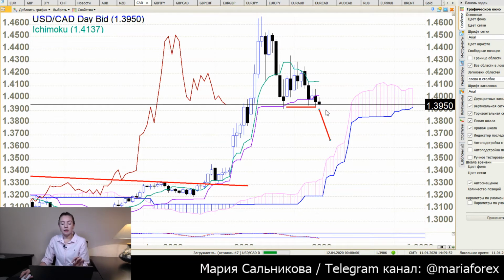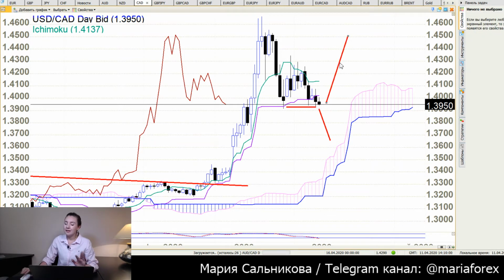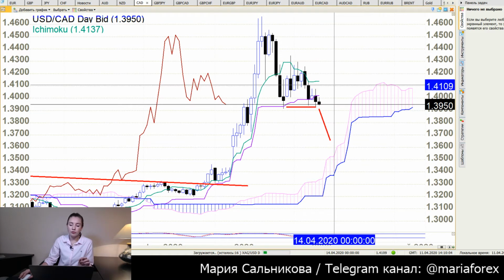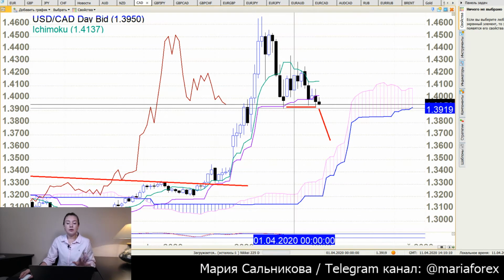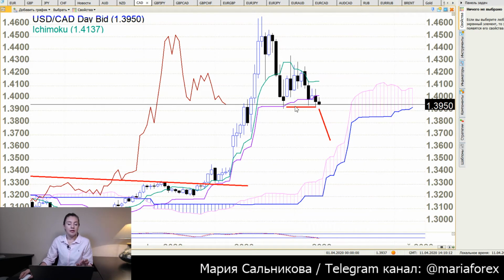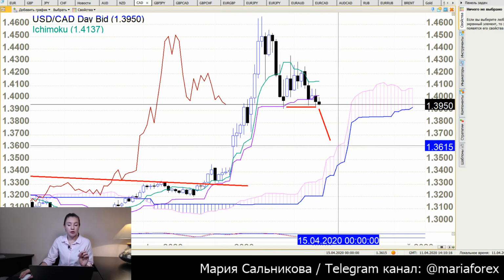If we see the market trying to break it down but not breaking down, this will be a moment for price to go up. I'm not discussing now how far it will go up. Will it go to 140, 141, or 142, or 146? I don't discuss that. I only discuss this level now. If you see the breakdown of this level of support, the price will go to 136.30.